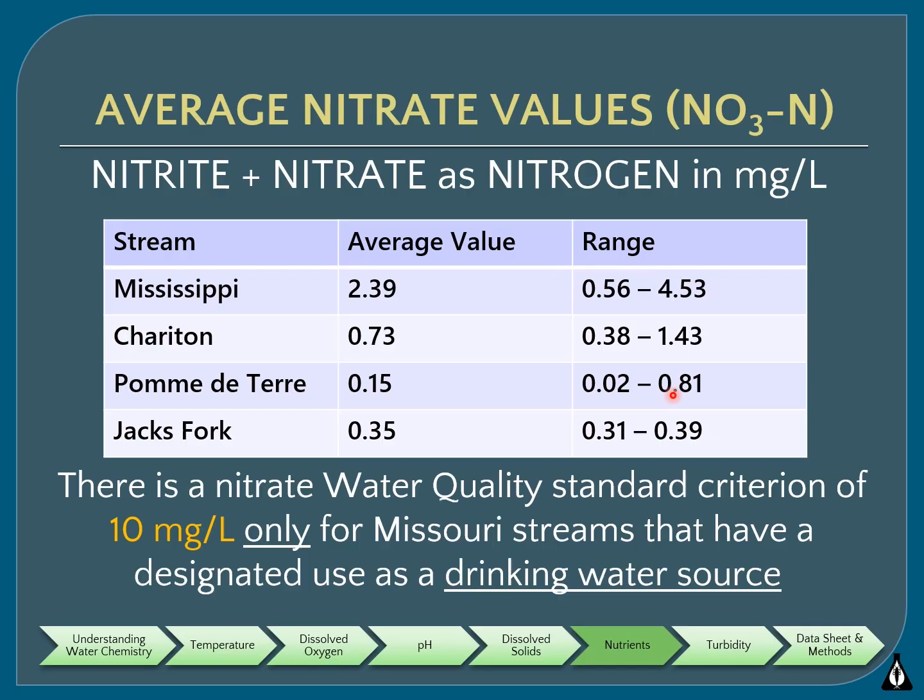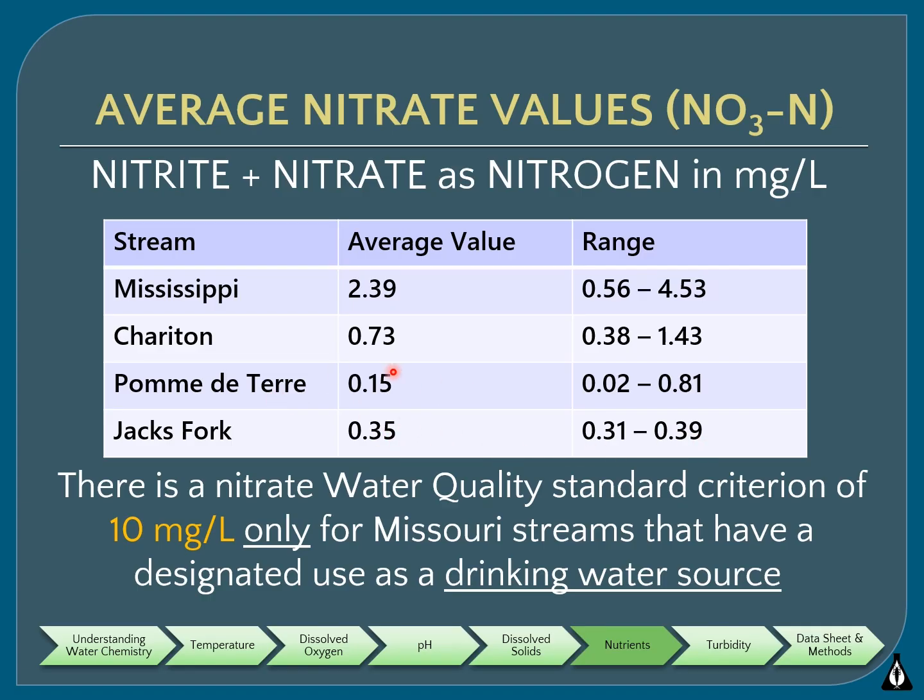And the Jack's Fork has relatively small impacts from point sources in the watershed, and it has an excellent vegetative cover and riparian zone. Because it has a really good riparian zone, this range is almost next to nothing. It's stopping a lot of the nutrients that could potentially be coming in, even though the average value is higher than the Pomme de Terre.